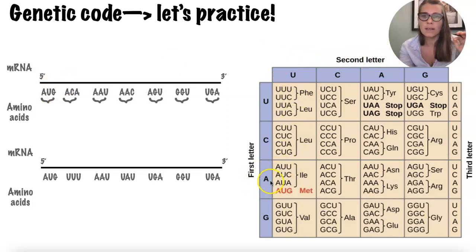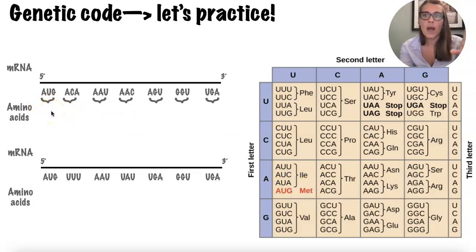So first letter A, second letter U, you know you're right here. This is the square you need to look at. And then you look at the third letter. That is a G. So you go third letter, G. A-U-G, methionine. Okay? So then you would write down here, methionine.